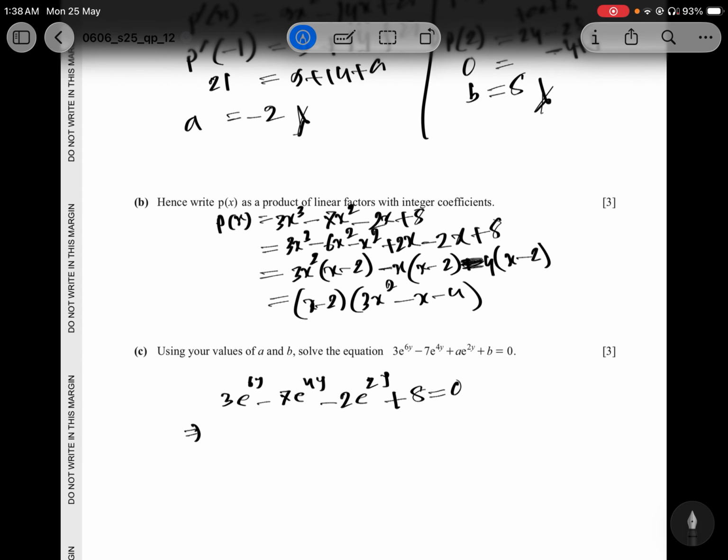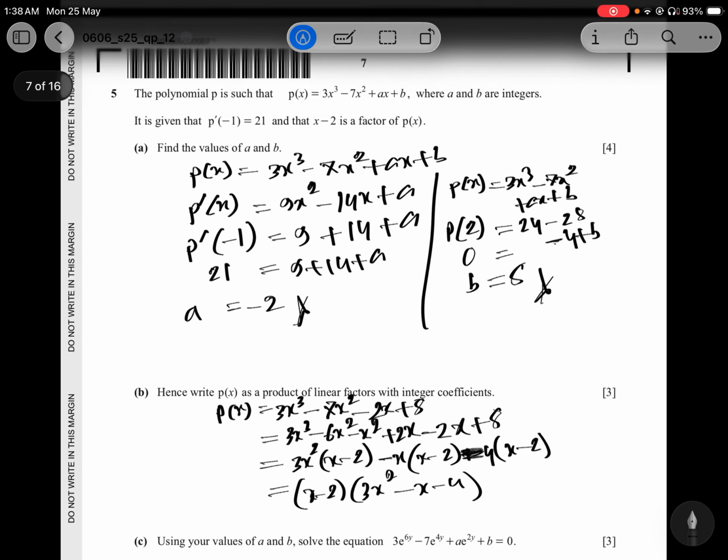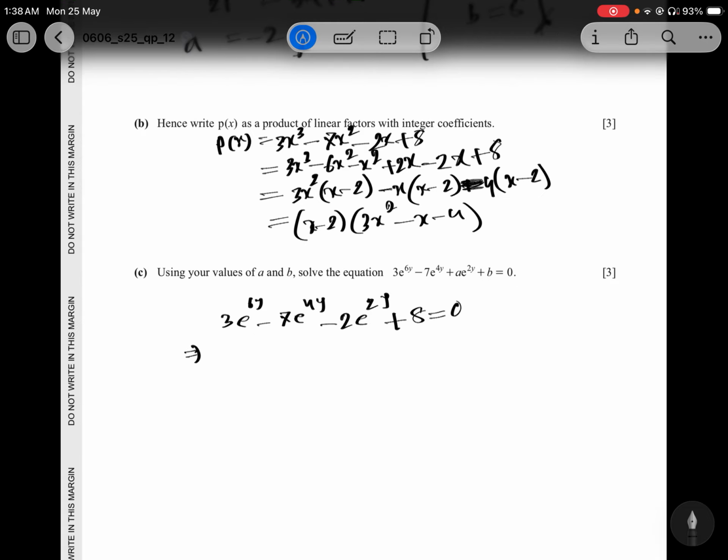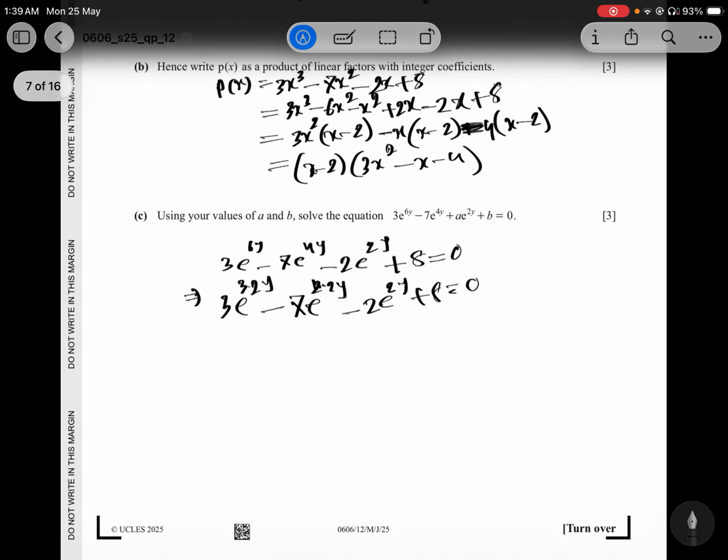So I have to find out the value of y here. How to find out the value of y? 3 to the power 3 times 2y. 7 e to the power 2 times 2y minus 2 e to the power 2y plus 8 is equal to 0.